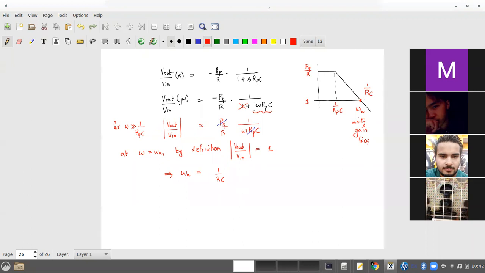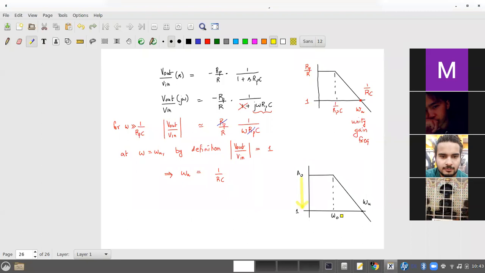In fact, you can take a more general case, and there's a nice result there for this first order kind of system. Suppose I were to write this gain as some A naught, and let this be omega naught, and this be omega u. Then the interesting result is that how much have you gone down by A naught, right?